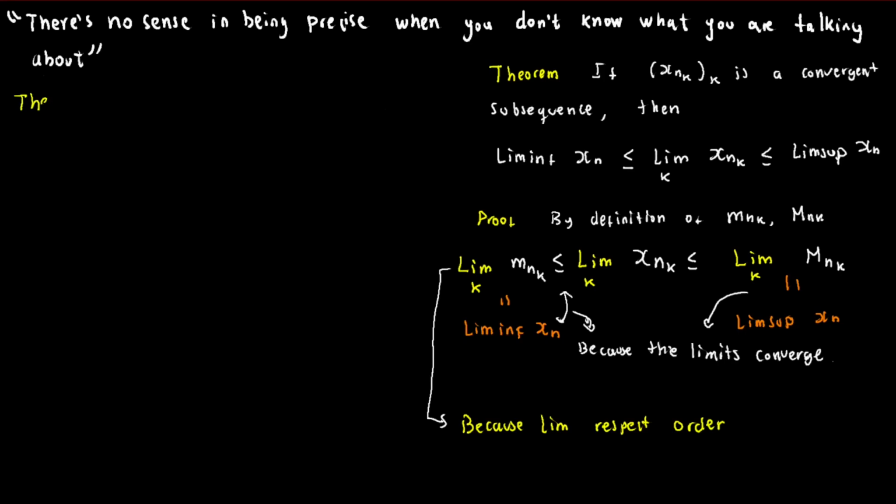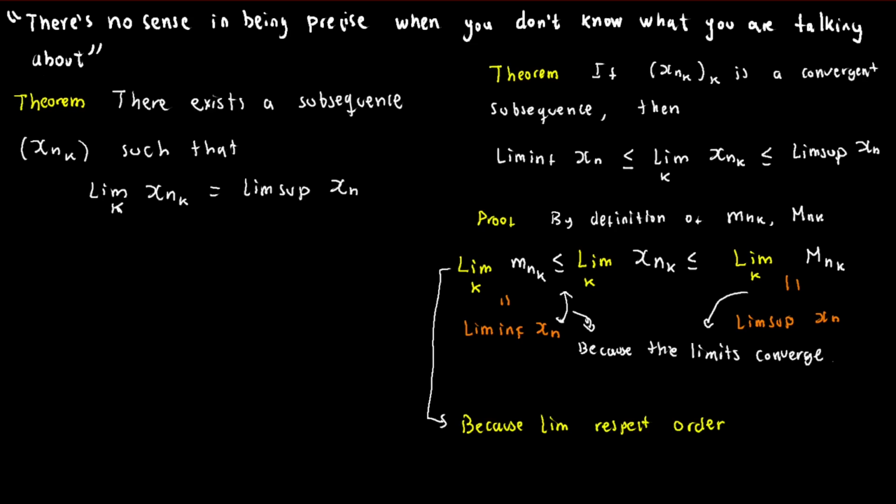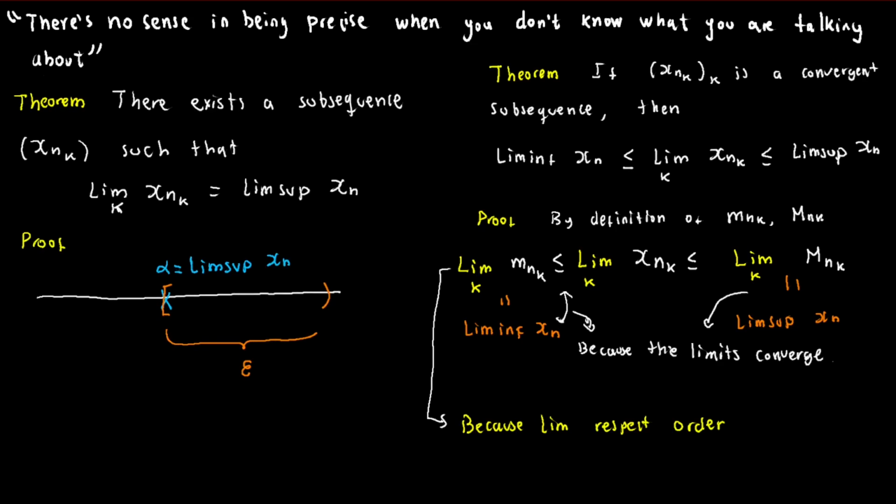Next, we turn to the question of whether we can find a convergent subsequence of x_n that converges to the limsup. Suppose x_n is a sequence with limsup equal to alpha. As the limsup is an infimum, we know that for any k, we can find the supremum of the (n_k plus 1) tail between alpha and alpha plus 1 over k.